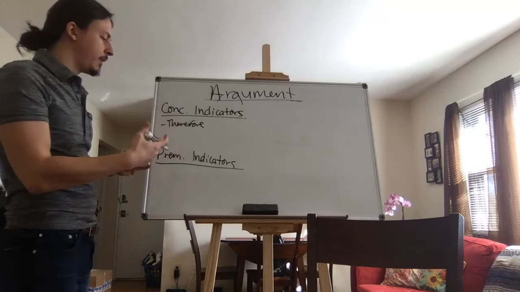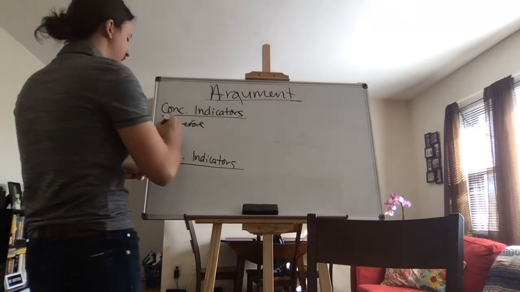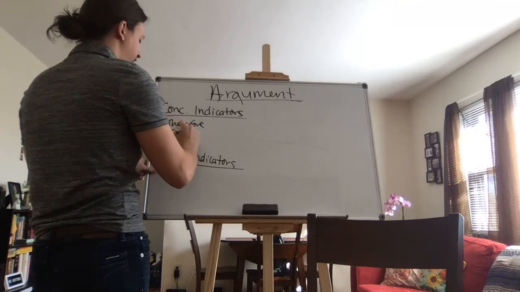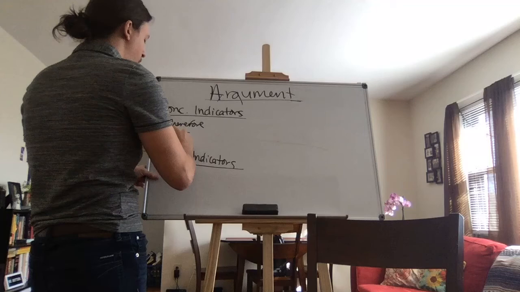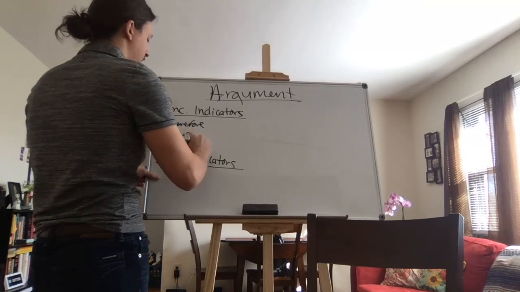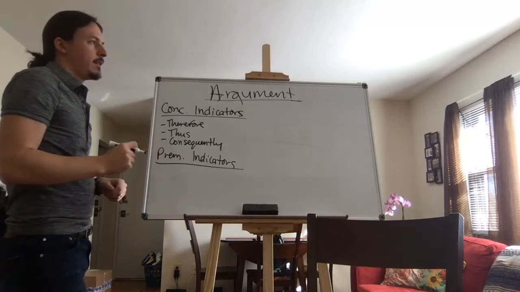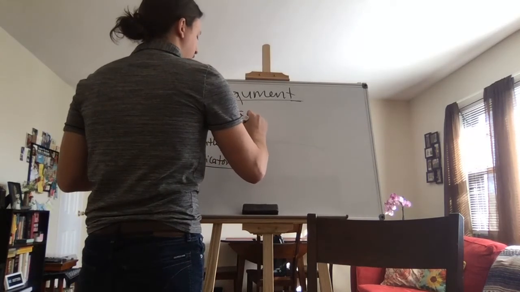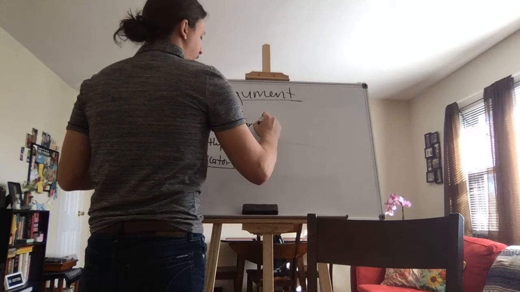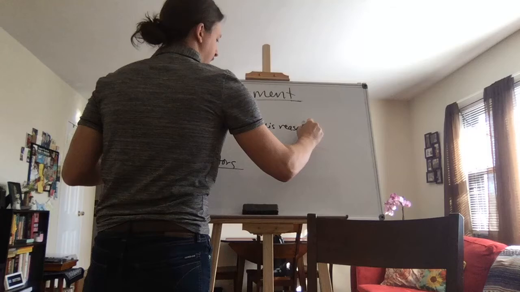And then all the other words are basically just synonyms of therefore. So you have, for example, thus, you have consequently, you have some longer words like for this reason, right?